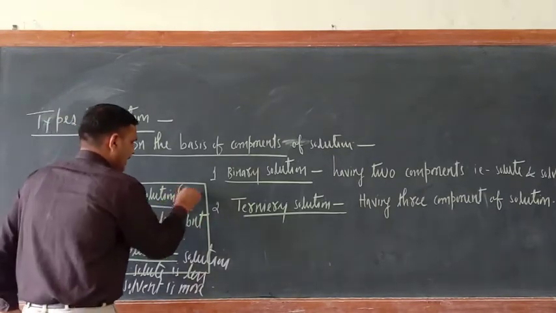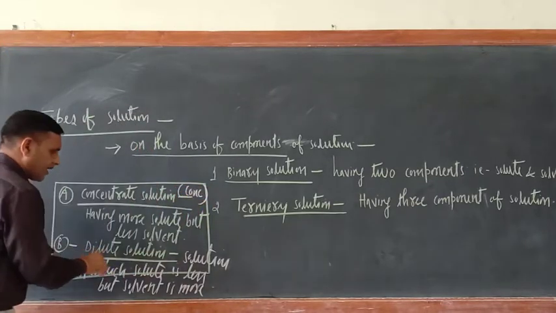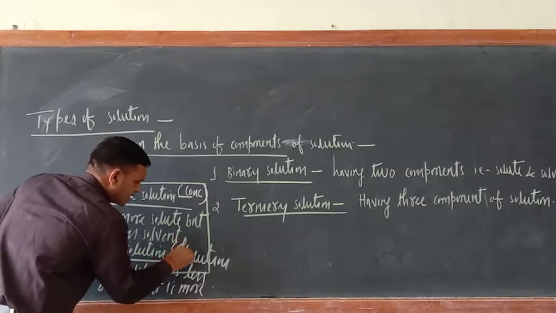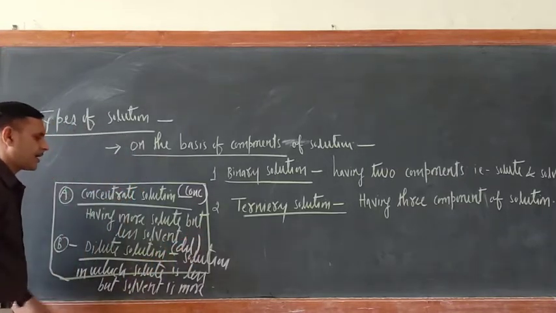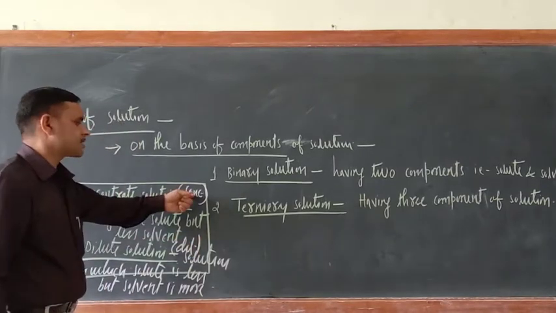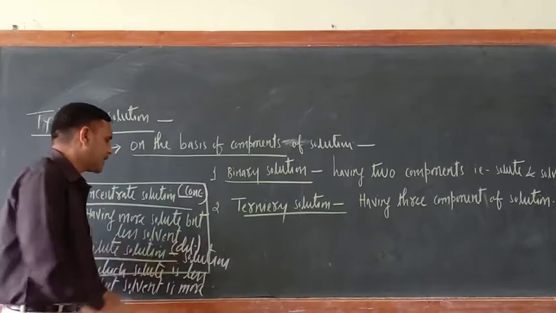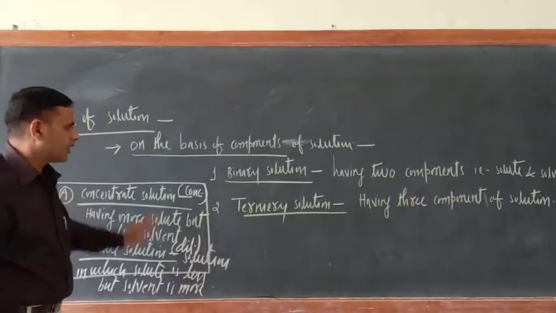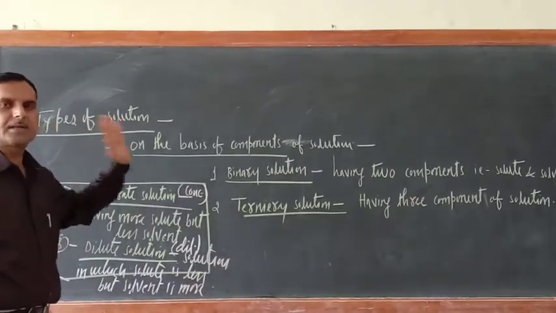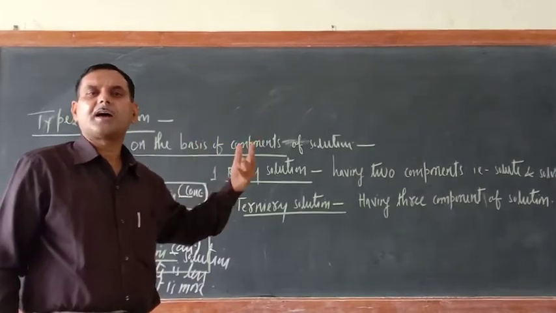The short form of concentrate is CONC, and the short form of dilute solution is DIL. In this way, as far as types of solution on the basis of various bases, I have completely covered.